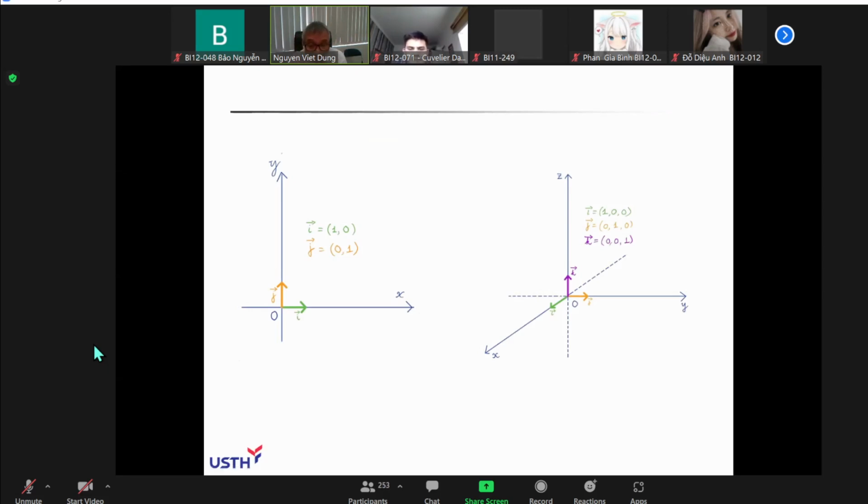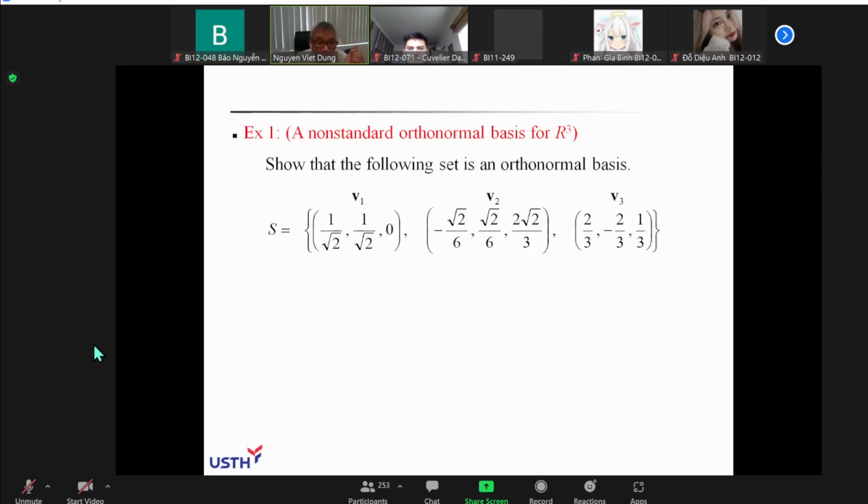So that one is again an orthonormal basis for R3. But I show you again that in R3 we have another orthonormal basis that is no longer the standard basis.